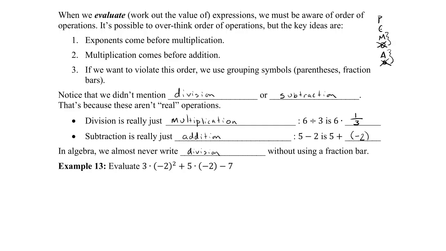So let's practice running through the order of operations to evaluate an expression. Anytime we have a piece of this expression that contains both multiplication and an exponent, the exponent has to happen before the multiplication. Anytime we have both multiplication and addition, the multiplication has to happen before the addition.